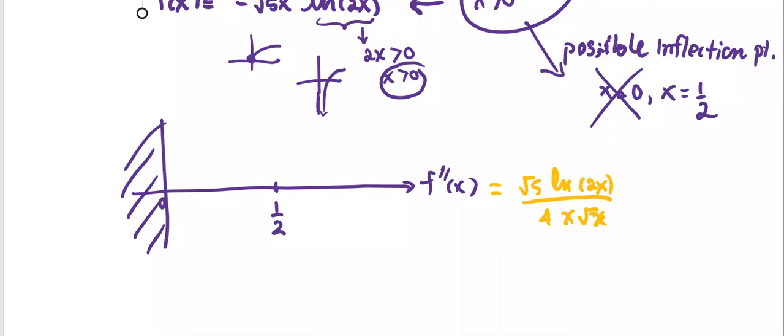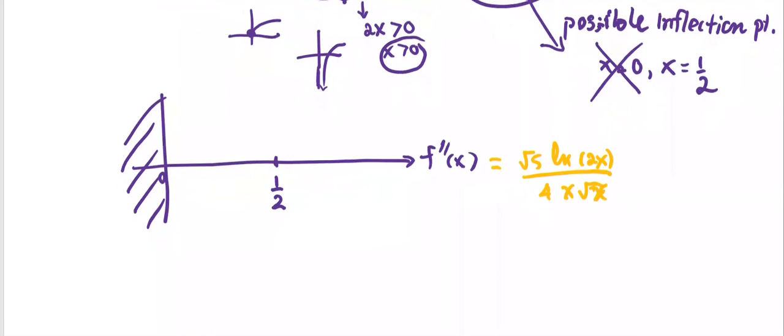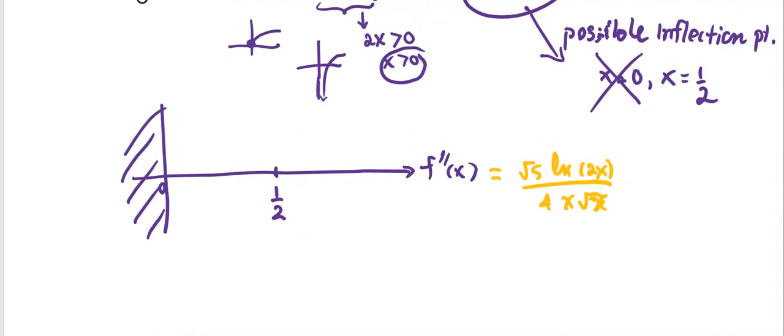So I'm going to identify one by one the sign of each one of them. The square root 5 over 4 is always positive, so we don't have to worry about that. So look at the sign of the natural log 2x and the sign of the x square root x.